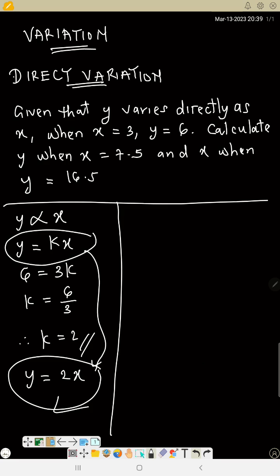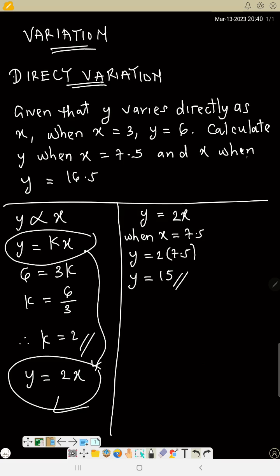Now calculate y when x is 7.5. We know that y is equal to 2x, so when x equals 7.5, y equals 2 times 7.5. So y is now equal to 15.